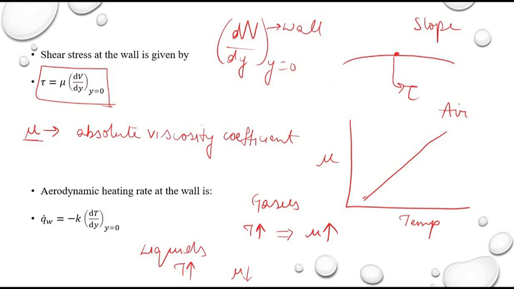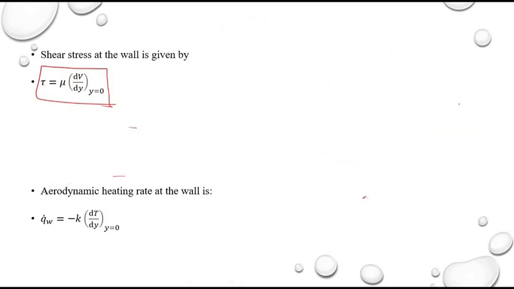Now, the units of viscosity are kg per meter second. Now, this was about the slope of the velocity profile. What is the importance of the slope of the temperature profile?